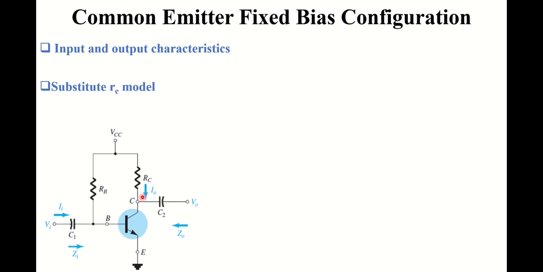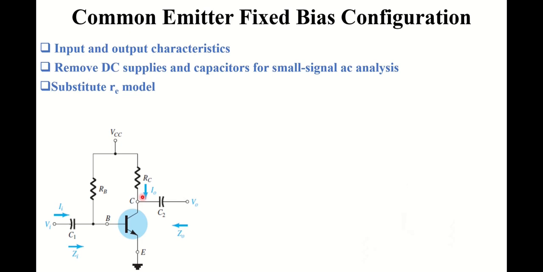In order to perform the AC analysis, we will redraw the given circuit by removing all DC supplies and replacing capacitors C1 and C2 with their short circuit equivalents, which will result in the circuit as shown in this figure.